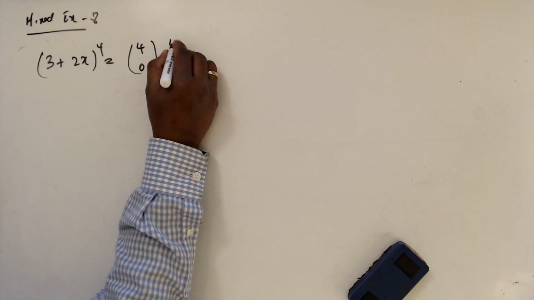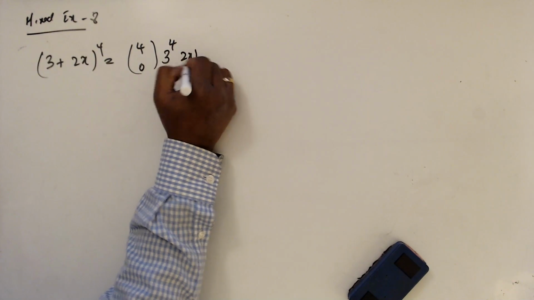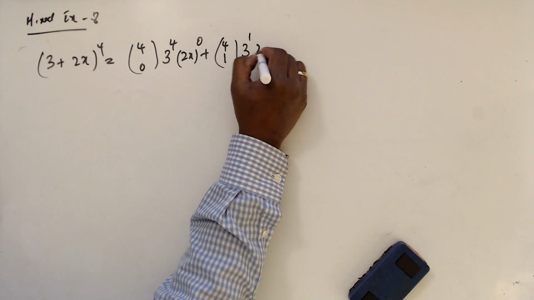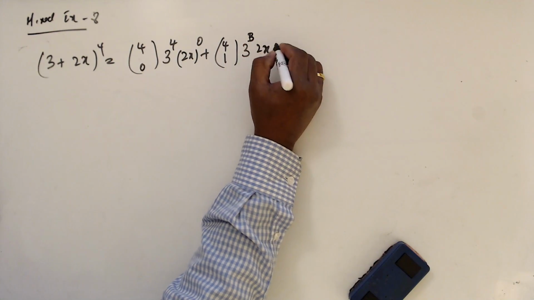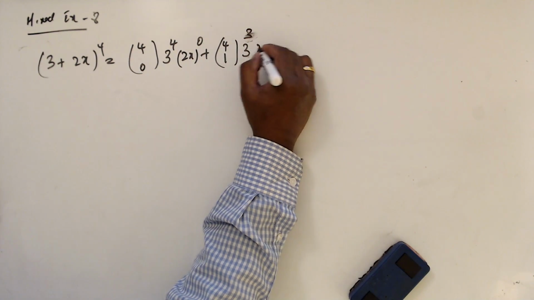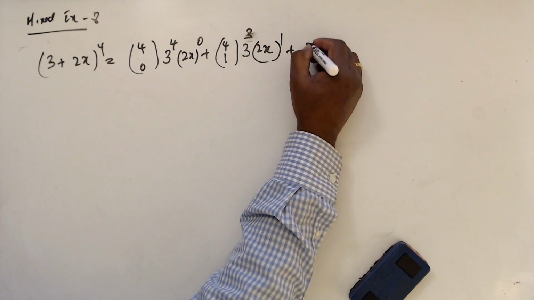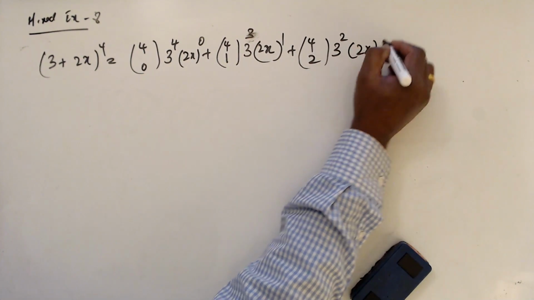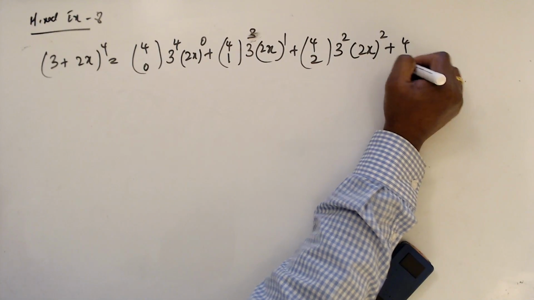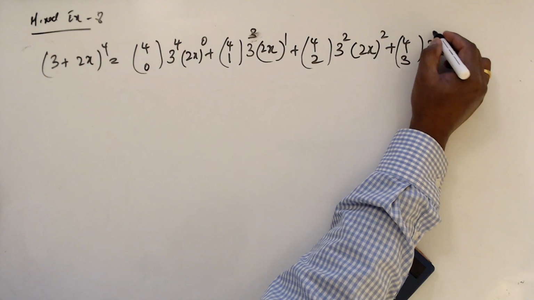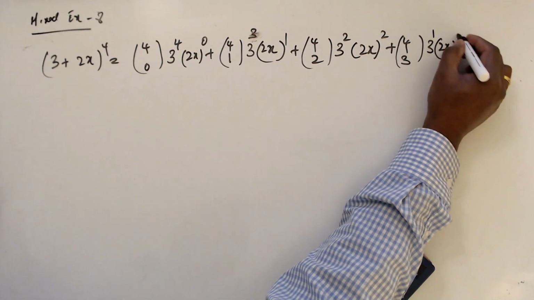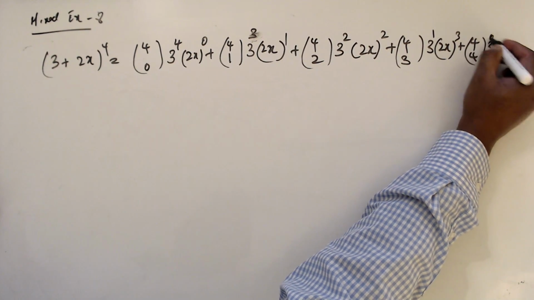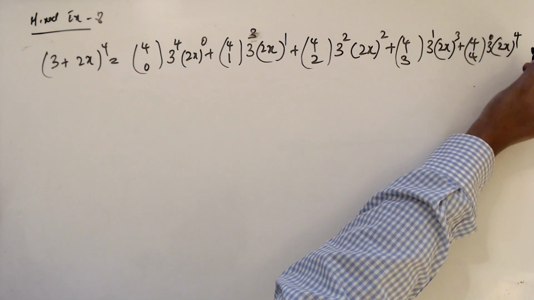So this is 3 to the 4 times 2x to the 0, and 4, 1, 3 to the 3, 2x to the 1, 4, 2, 3 squared, 2x squared, 4, 3, 3 to the 1, 2x cubed, and 4, 4, 3 to the 0, 2x to the 4.